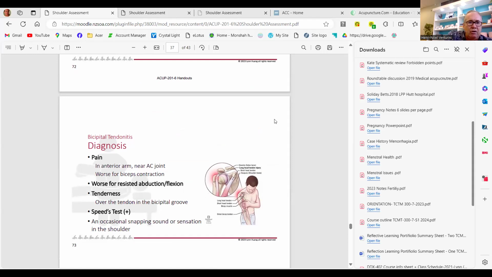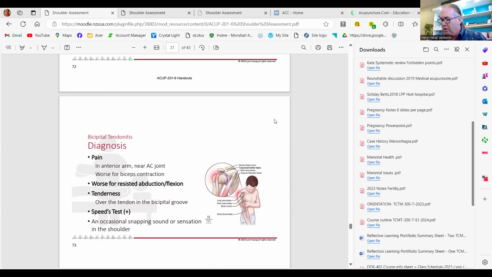So the diagnosis for bicipital tendonitis is pain in the anterior arm, AC joint, worse for bicep contraction, worse for resisted adduction flexion, tenderness over the tendon and bicipital groove, and the Speed's test is the one that's going to diagnose that. Okay. So there's some other areas that you can look at as far as bicipital tendonitis.